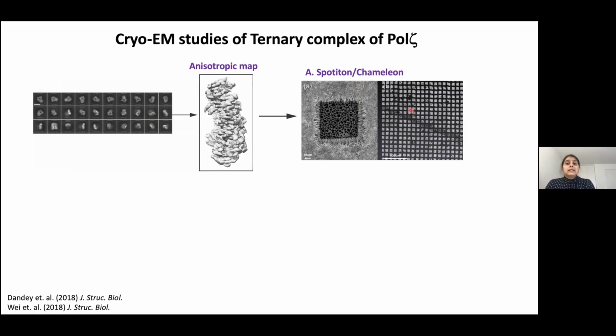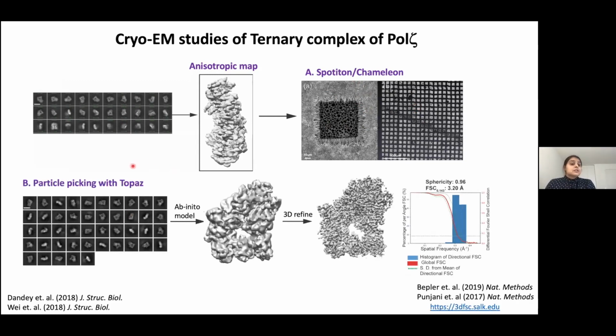So we used the data collected on these grids and then picked particles with a new neural network-based program called Topaz, which helped us in finding side views such as this and other orientations which we were not able to see before. We did further processing in cryoSPARC, which gave us a good ab initio model, and then a final reconstruction to around 3.2 angstrom with a good sphericity.